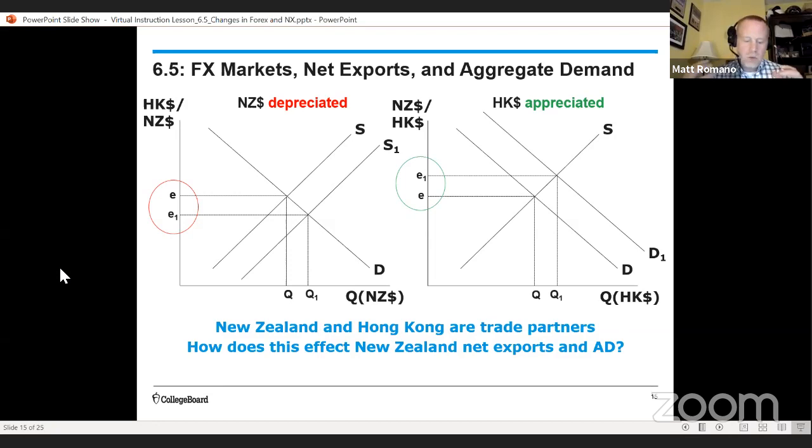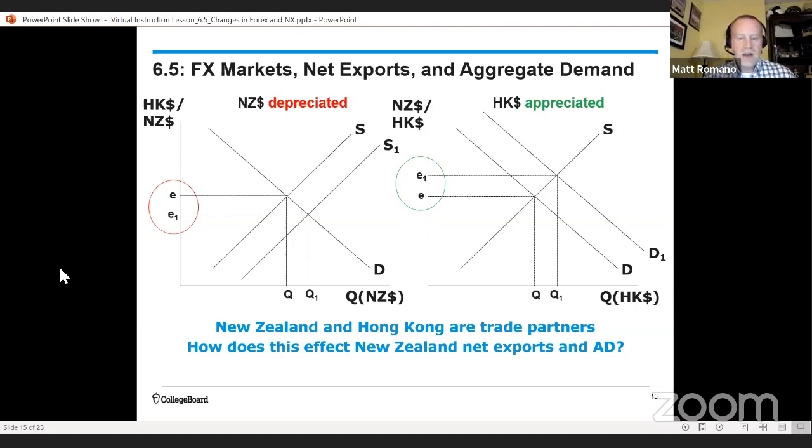Again, what you've got to do is look at that change in currency valuation and simply say, how is that going to affect the relative price of goods between those two nations? If I'm in New Zealand trying to buy goods out of Hong Kong, is it more expensive or less expensive? If I'm in Hong Kong trying to buy New Zealand goods, is it more expensive or less expensive? Well, with a depreciated New Zealand dollar, if you're in Hong Kong, you can buy more with your Hong Kong dollar.